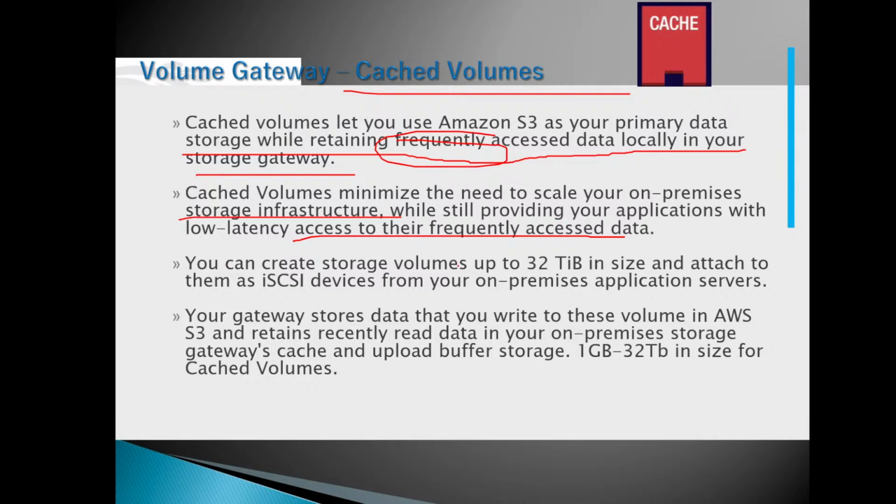You can create storage volumes up to 32 terabytes in size, and they are iSCSI devices from your on-premise application. So all these things relate to how you can connect to your S3 bucket from your on-premise system. Storage gateway stores the data in volumes to AWS S3 and returns recent data for you.